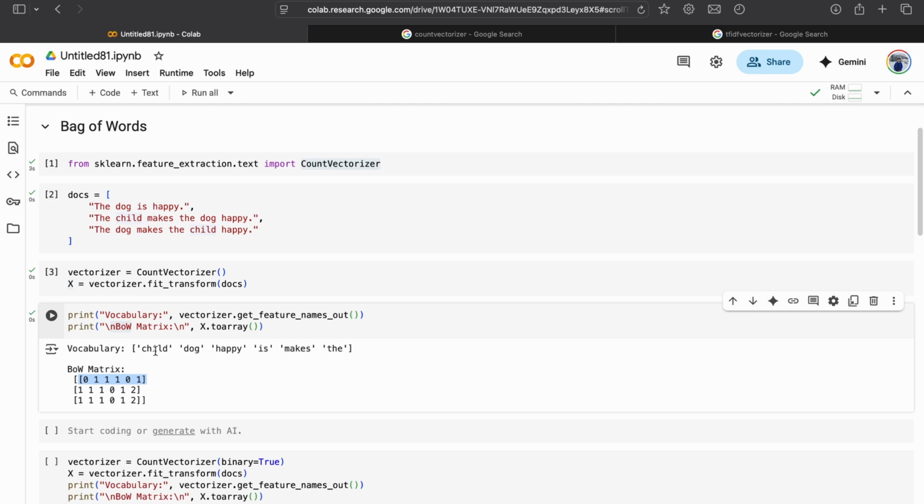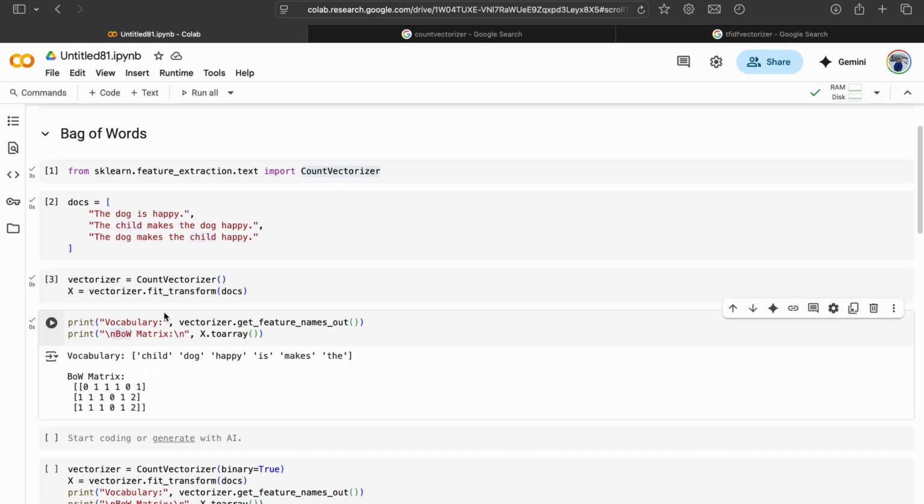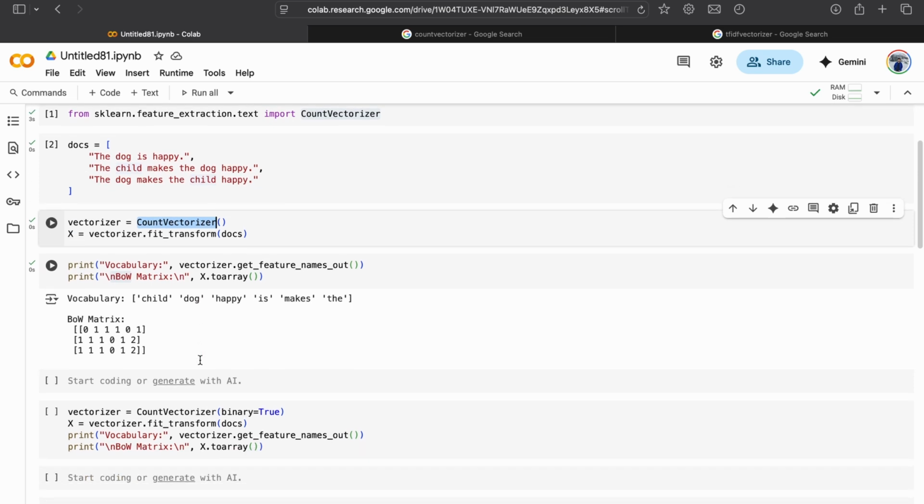So for child we have 0, for dog we have 1, for happy we have 1, for is we have 1, for max we have 0, and for the again 1. So this is similar to what we have seen in the explanation. So this is how the bag of words representation works. You can use the sklearn library for it.